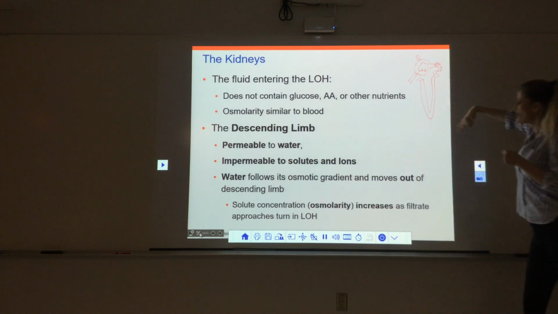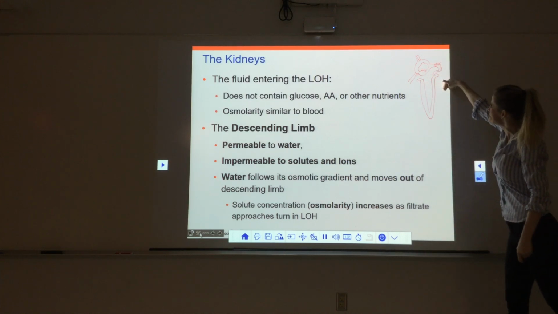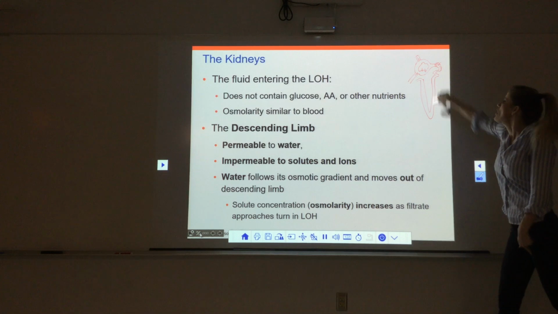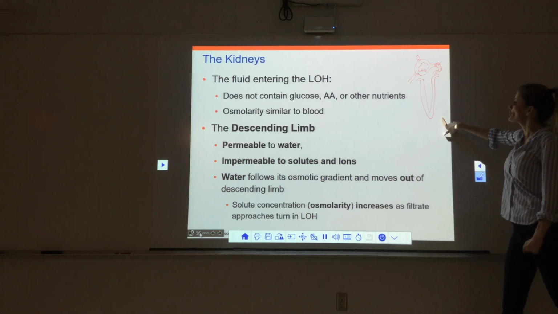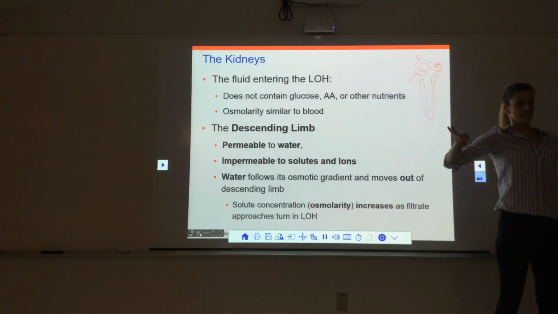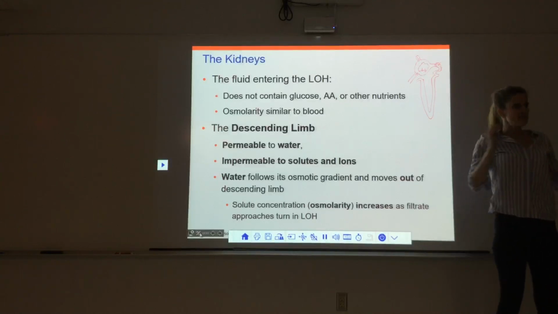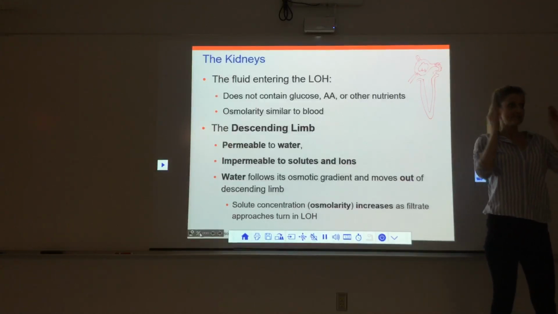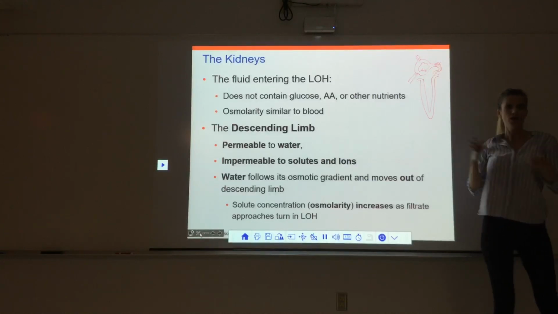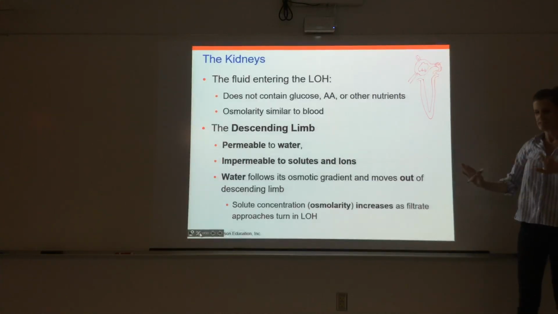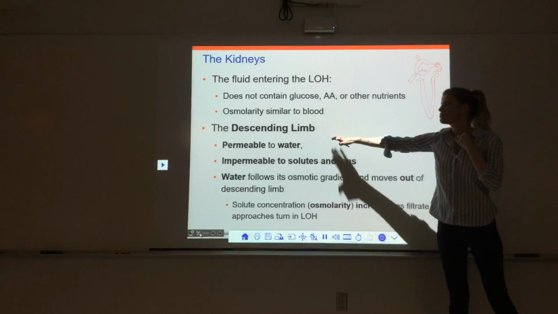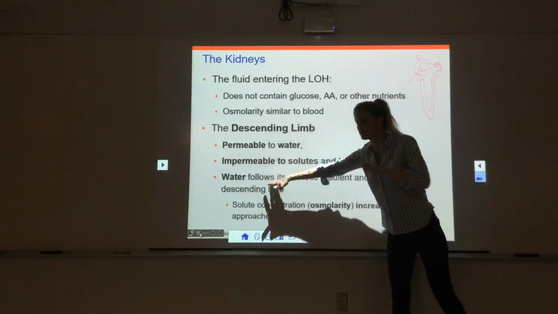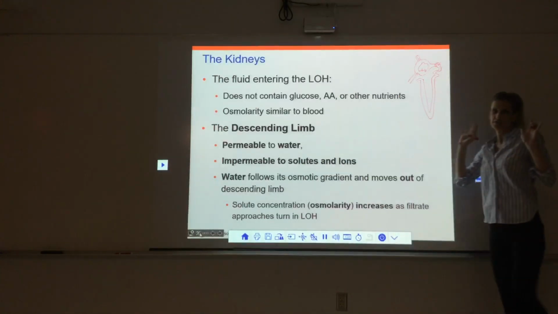We see that the descending limb here is permeable to water. That's it. It doesn't have active pumps that move ions or anything else in and out. It simply allows water to flow via osmosis. That's it. So it's permeable to water. It allows water to flow via osmosis.